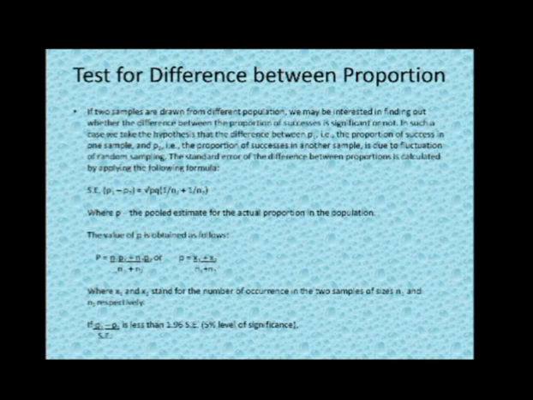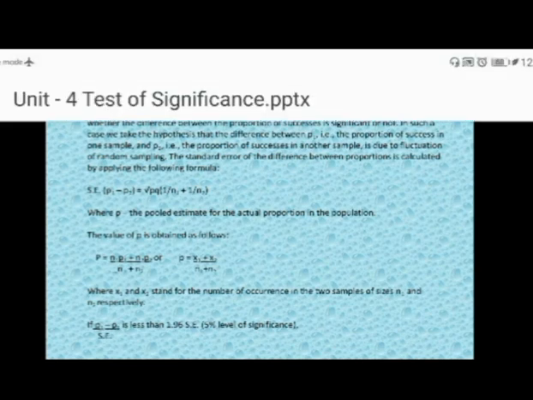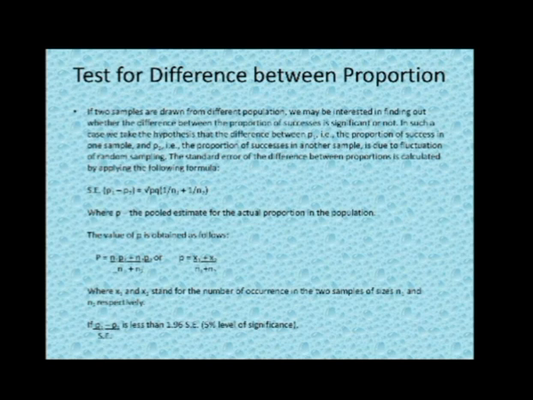The formula is here. Find out whether the difference between the proportions of success is significant or not. You have to compare the two samples to see whether it is significant or not. For that purpose we use this, and we also find the standard error.